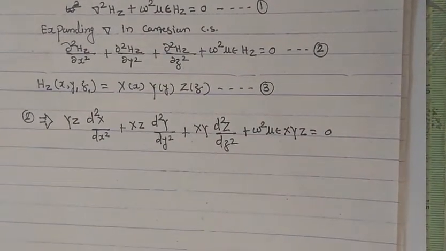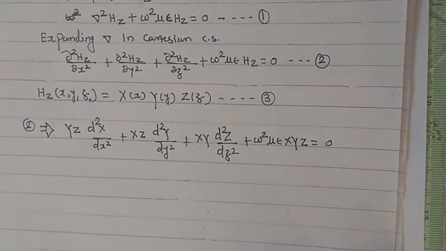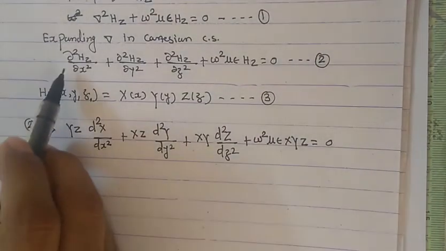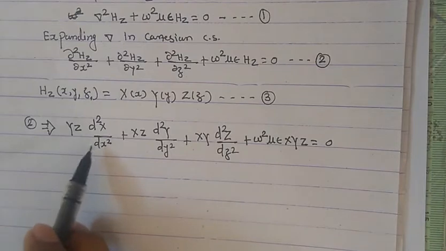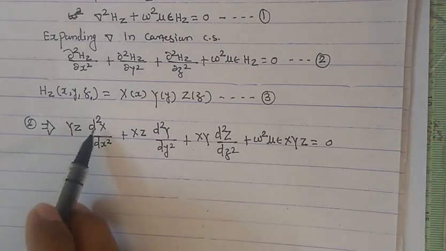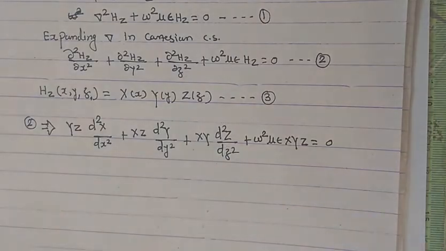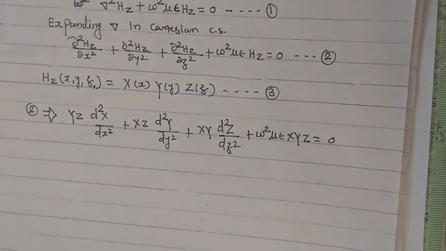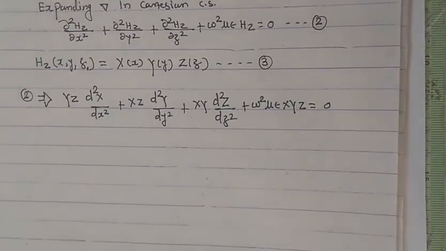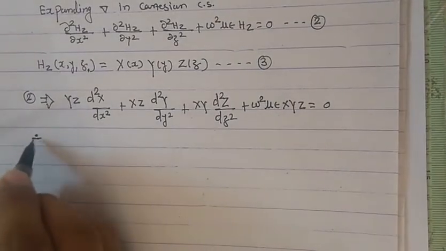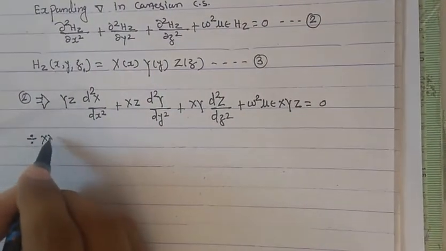As we remember from TM mode analysis, these partial derivatives will get converted into full derivatives, because now X will be a function of x, Y will be a function of y, and Z will be a function of z only. So the next step is to divide this equation by XYZ.